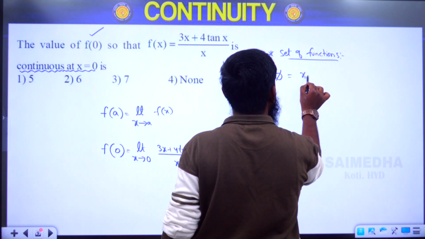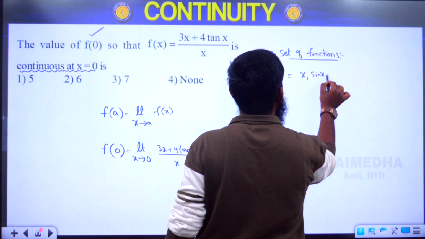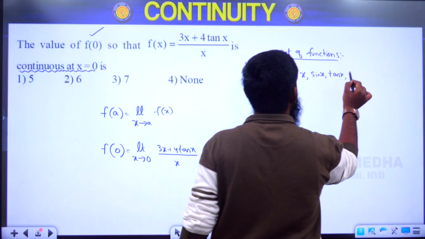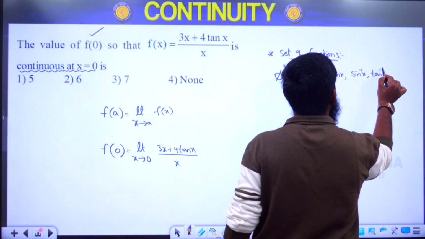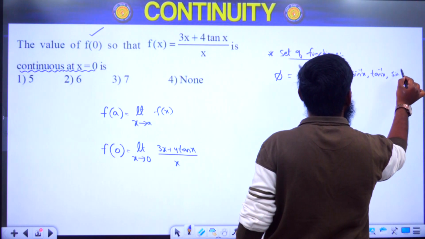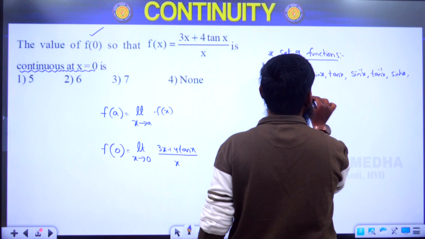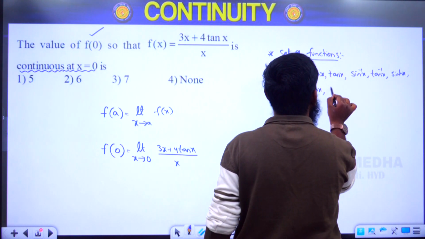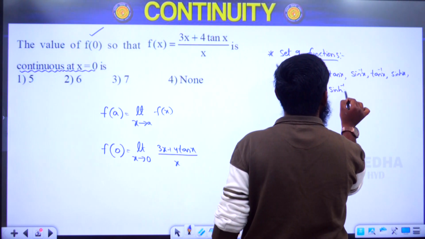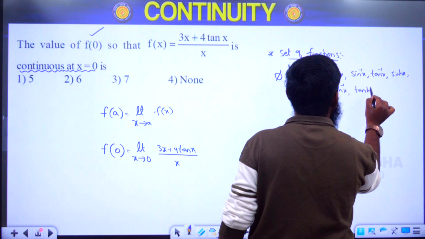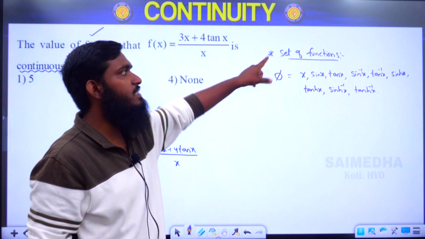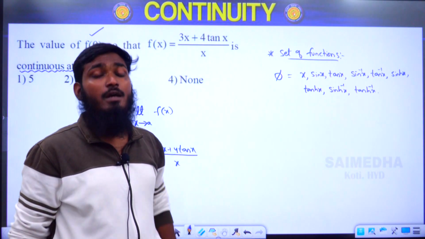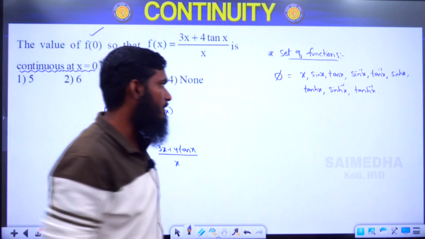It is equal to x, sin x, tan x, sin inverse x, tan inverse x, sinh x, tanh x, sinh inverse x, tanh inverse x. Okay. So this complete set of functions we are calling a set of functions. Now for this set of functions we are having one shortcut over here.